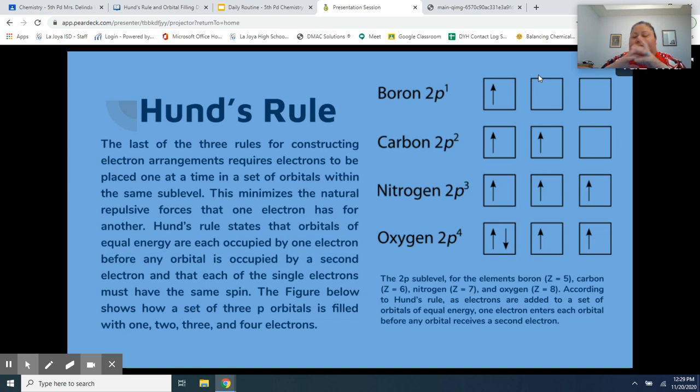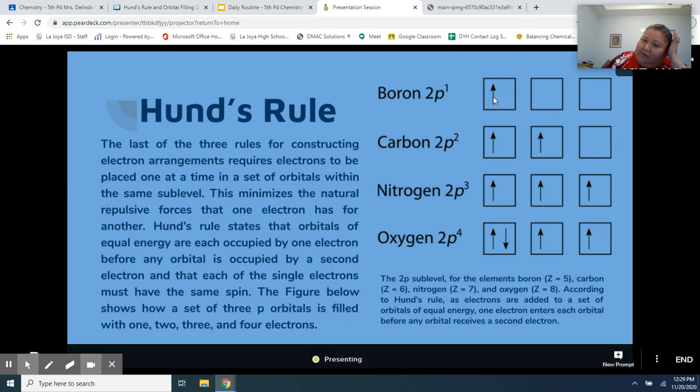So we're going to call best friend number 1, orbital number 1, Alexia. Orbital number 2 is going to be named Oscar. And orbital 3, we're going to call America. So I got my 3 best friends: Alexia, Oscar, and America.